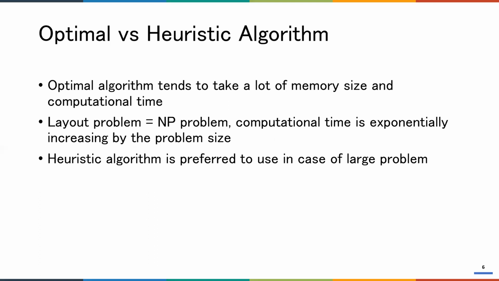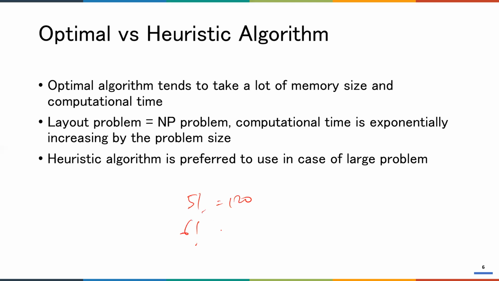The optimal one basically evaluates all the possible solutions, which takes a lot of memory. Because in this facility layout, as I mentioned before, even one additional workstation and one additional location can add up. 5 factorial is 120.